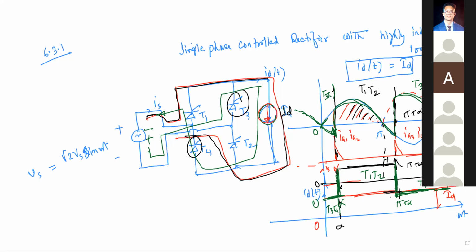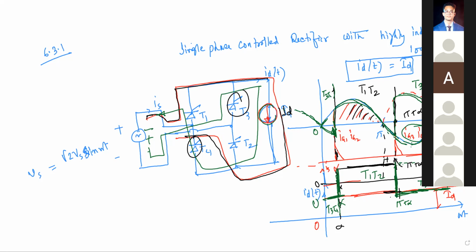Yes, it should be like this, and then you will not get the rectified wave. Your output voltage will be like this if you don't apply the firing pulse to your T3 and T4.